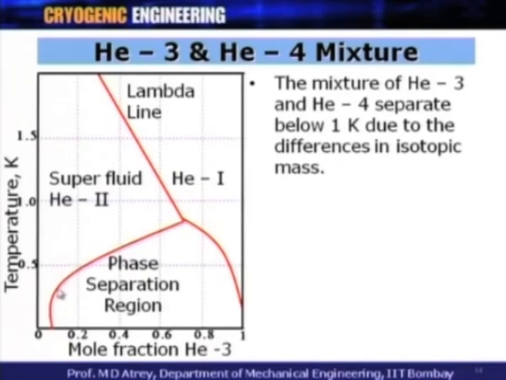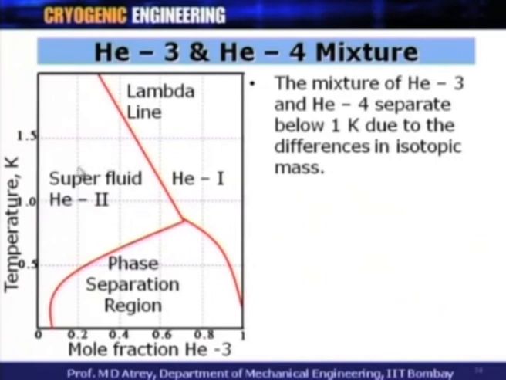One region has practically 0% helium 3, or a very low fraction of helium 3, while the other has almost 100% helium 3. When I come down around 0.8 Kelvin, I have two fractions separated out. One fraction has no helium 3 and therefore it is helium 4. From a mixture of helium 4 and helium 3, I get helium 4.